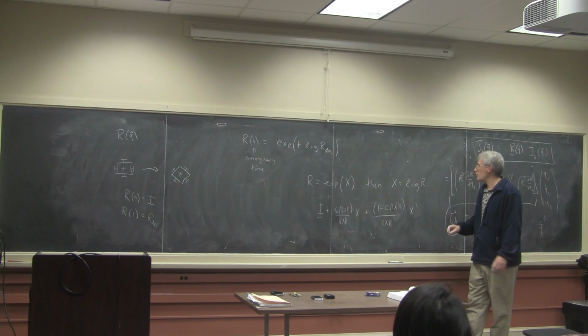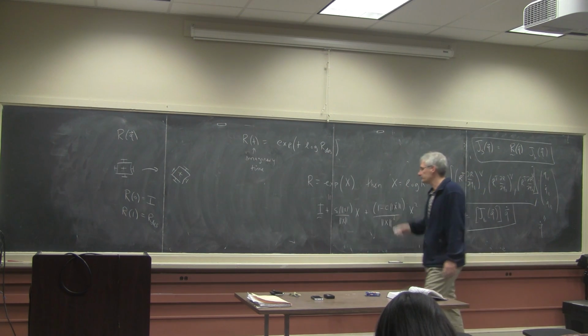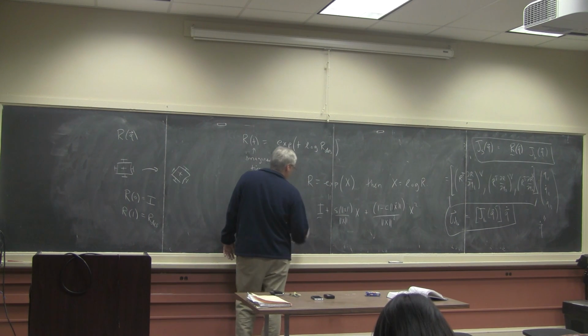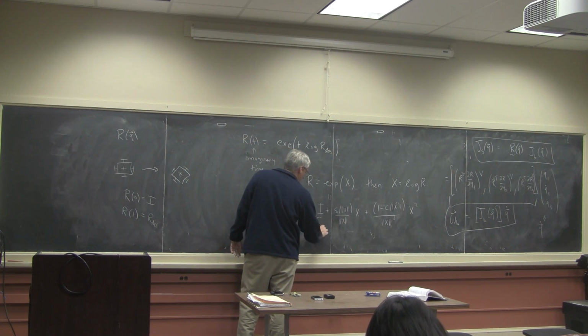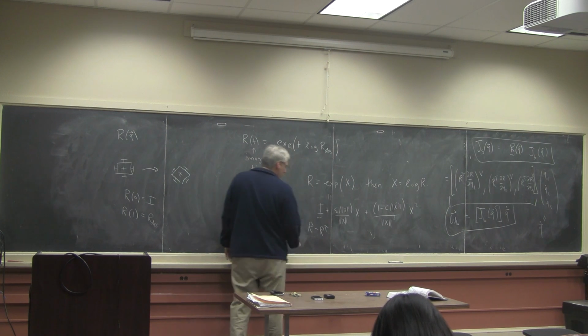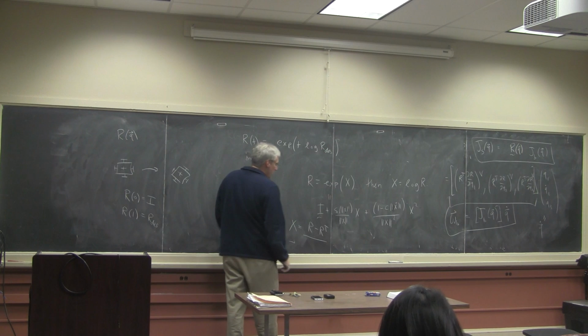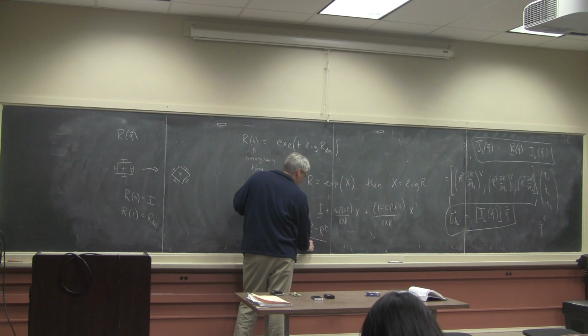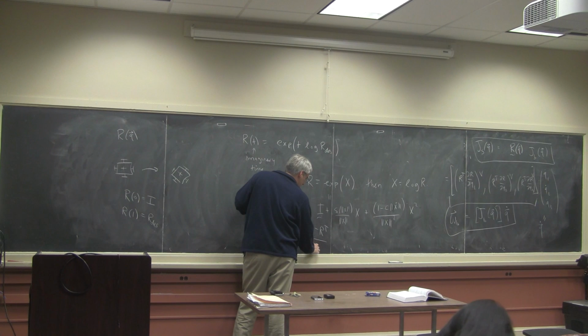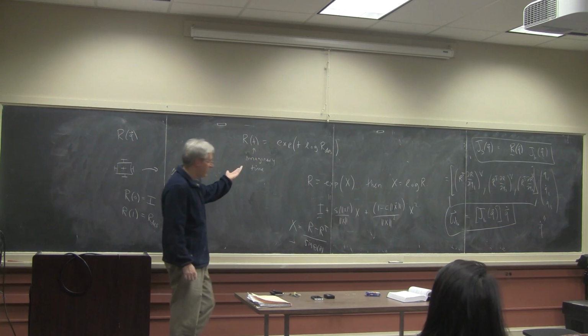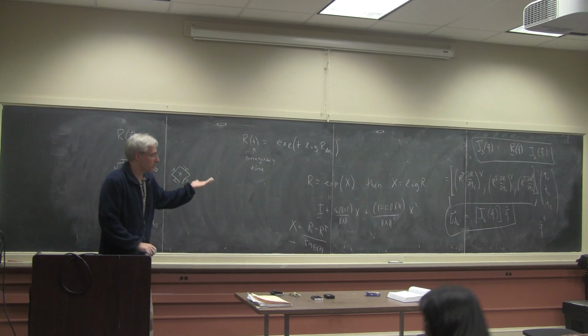So it turns out that you can get X by taking R minus R transpose and dividing by the sine of the angle. And the angle can be extracted from R based on the eigenvalue arguments that we talked about before.